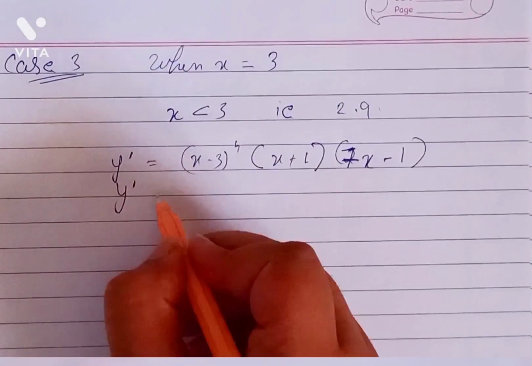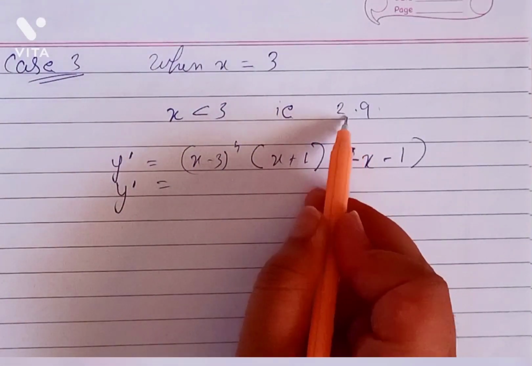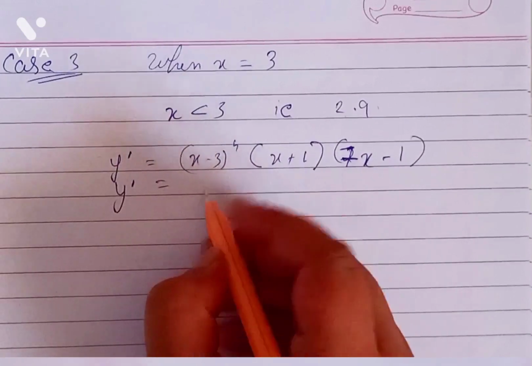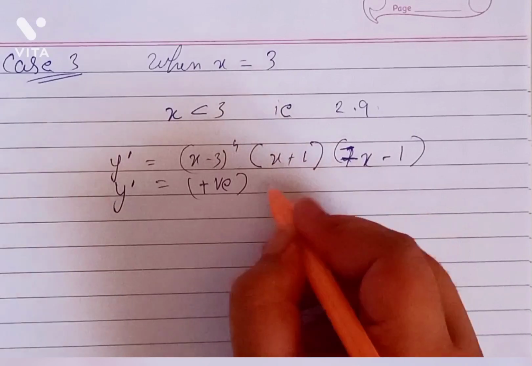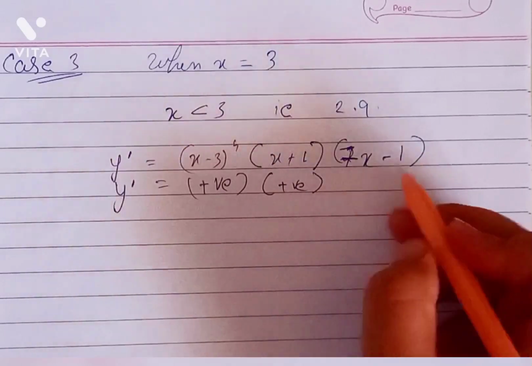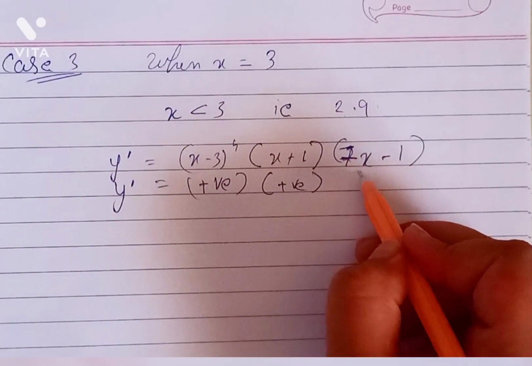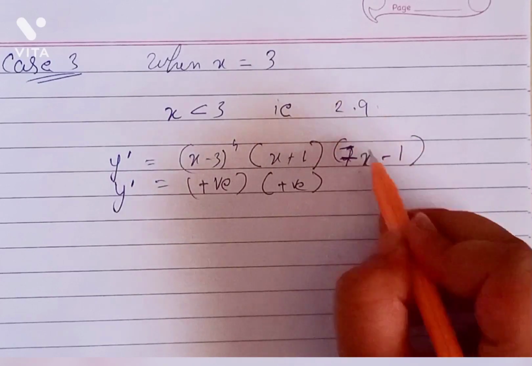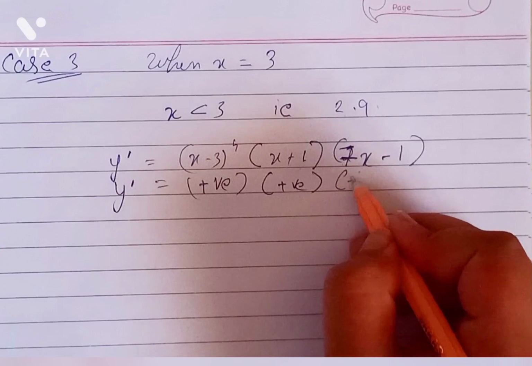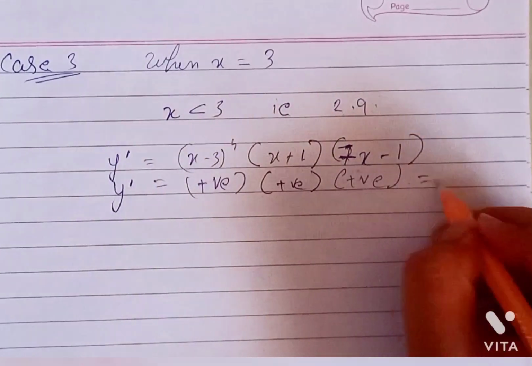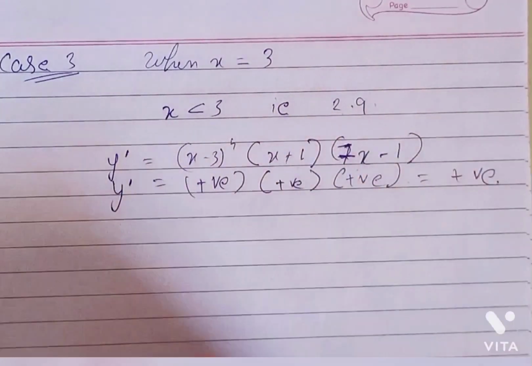So, in y dash, put this value. This will be positive only. Both of these are positive, so it will be positive. This will also be positive, right? Already 7 is greater than 1, and multiplication by 2.9 will give a greater quantity. So this is also positive. So as a whole, it's a positive function.